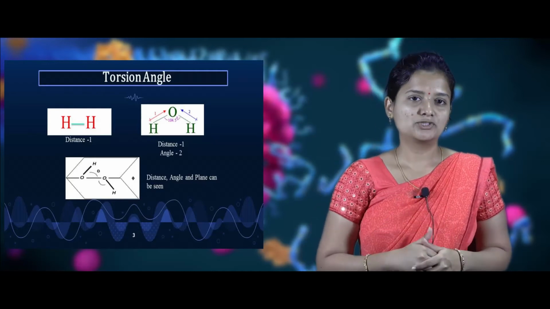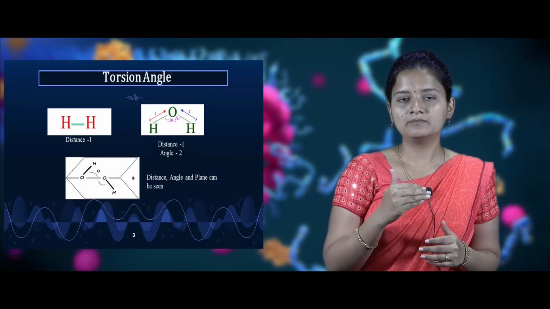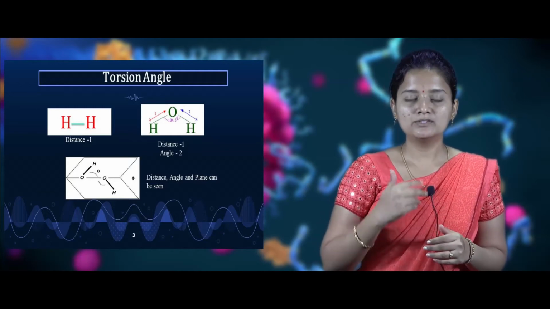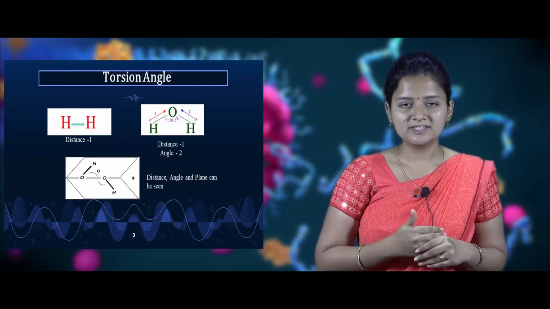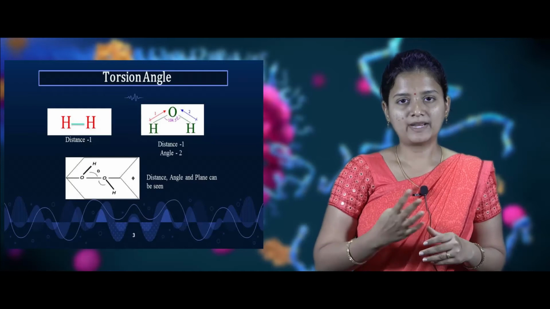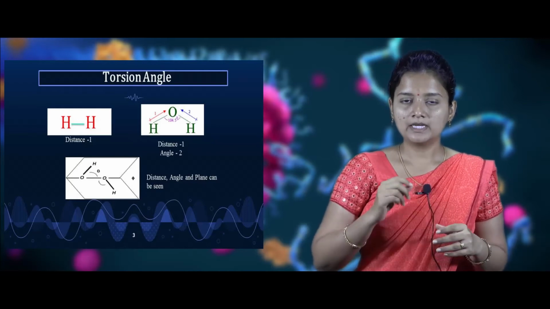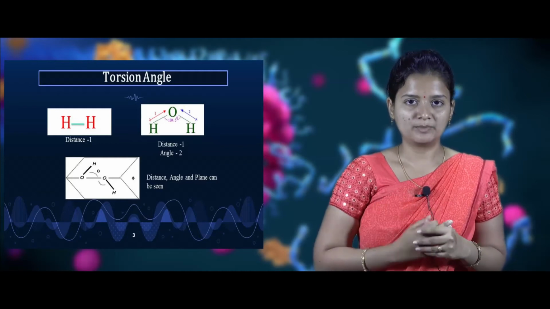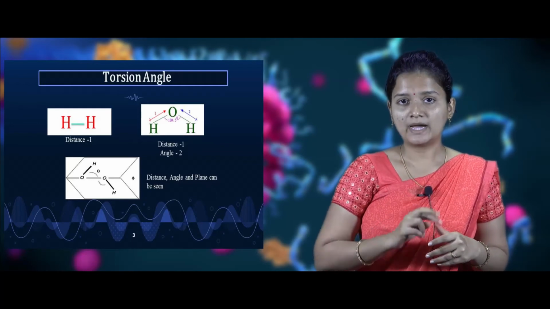Now the water molecule has three atoms: two hydrogen atoms and one oxygen atom. Finally, the hydrogen peroxide molecule has four atoms, that is two oxygen atoms and two hydrogen atoms. In hydrogen peroxide there will be three bond formations and two angles.